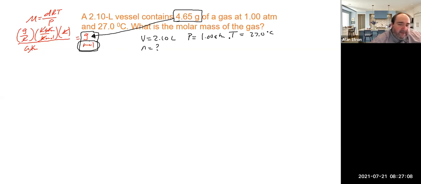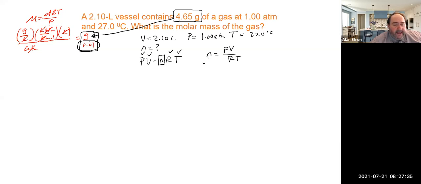If you put that with everything else that you have, you could see the ideal gas law, which again is really where these formulas come from. We do have the pressure given to us, the volume, the temperature, and we always have R. So we can use the ideal gas law here to solve for n, and n would be PV divided by RT.